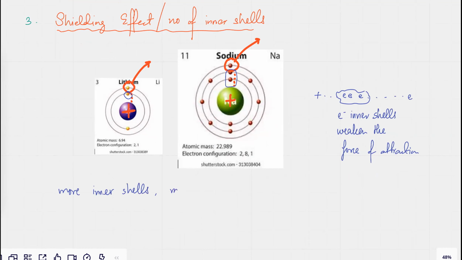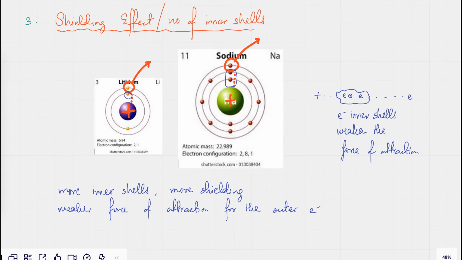there's going to be more shielding. And there's going to be a weaker force of attraction for the outer electrons.